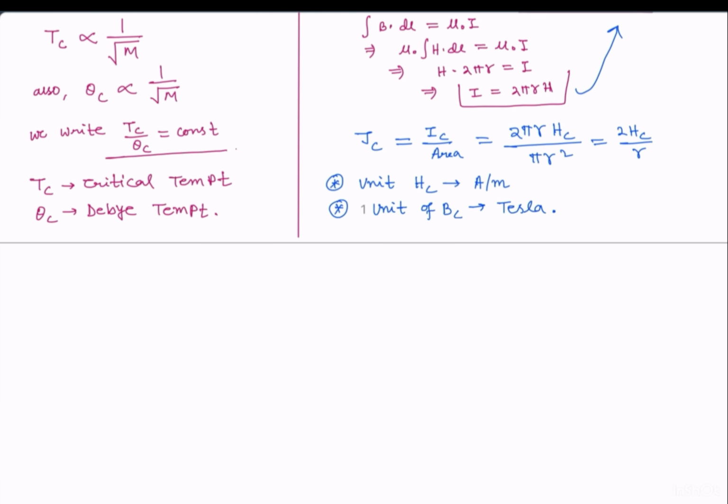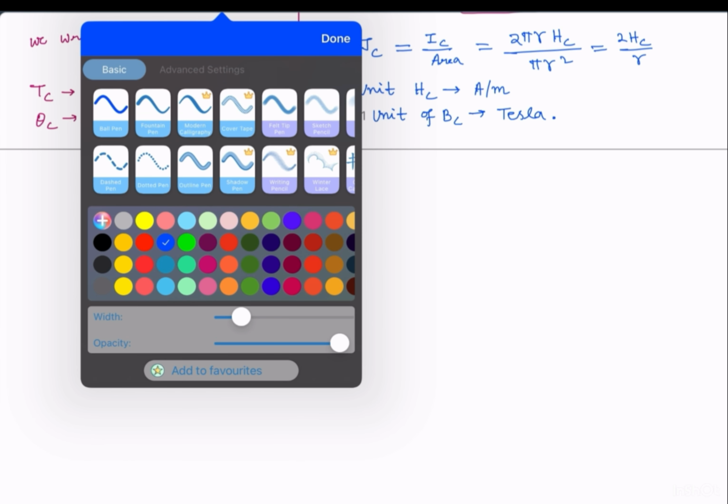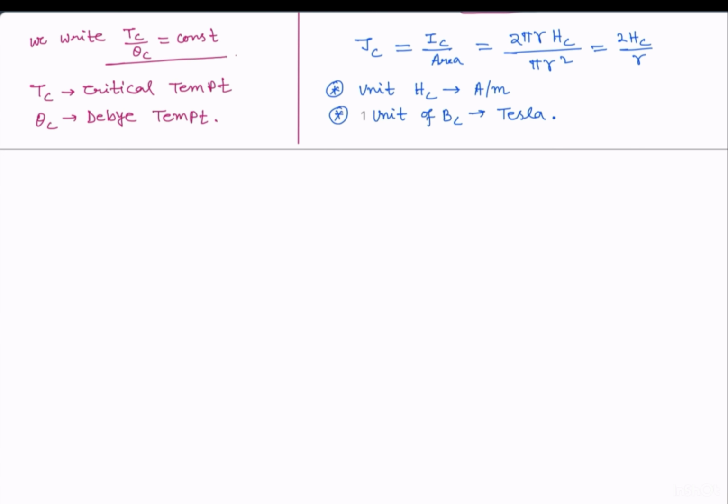Next, I will discuss the two London equations of the superconductor.